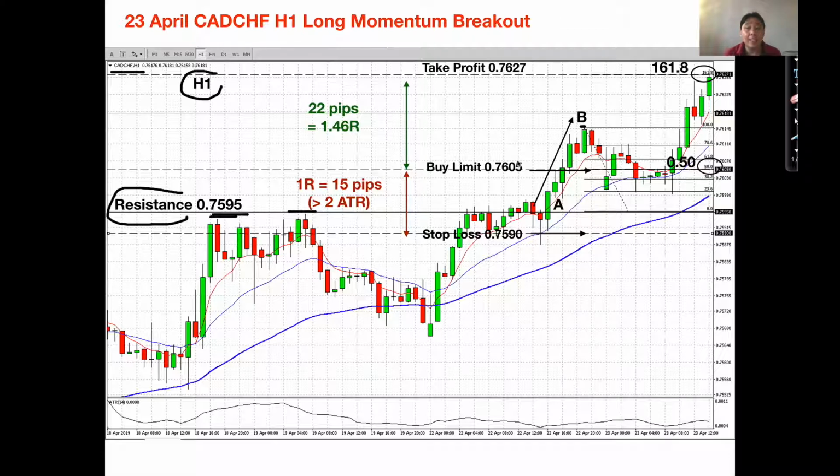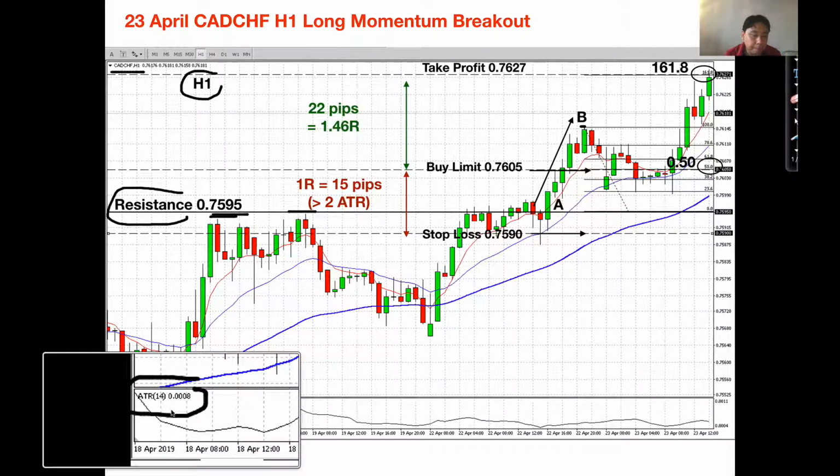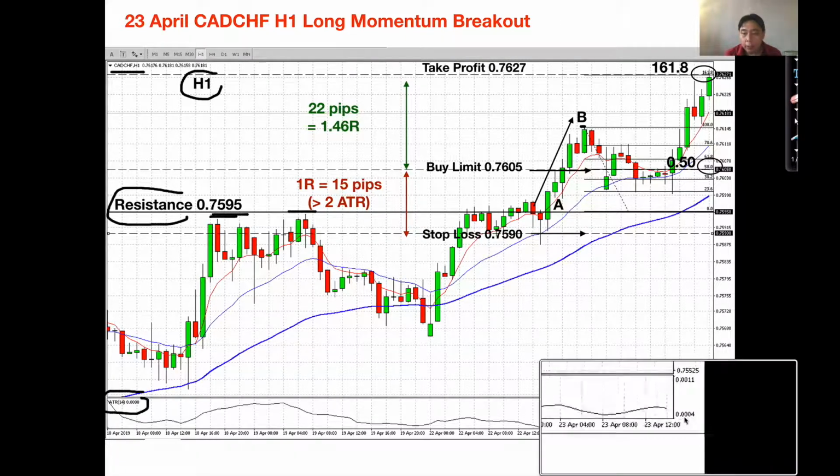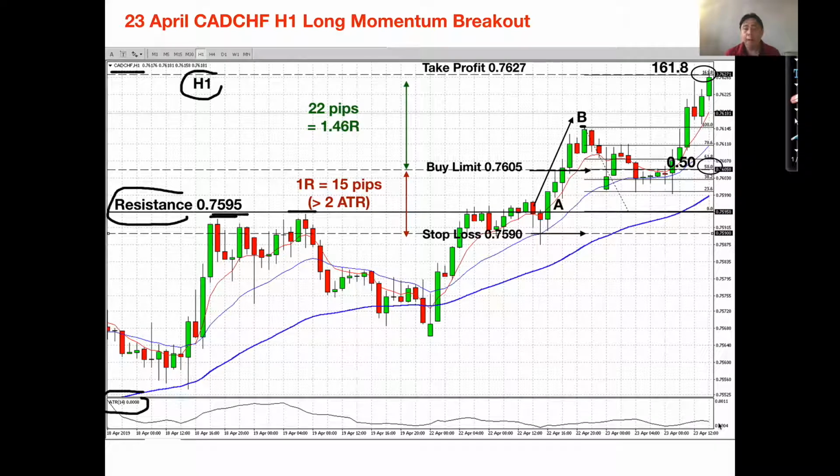So I have to make sure it is at least 2 ATR. So I look at my ATR indicator below to check what is 1 ATR multiplied by 2, I get a 2 ATR. So sure enough, this retracement from B to the 50% was at least 2 ATR. So I said, fine, I can place my buy limit order there.